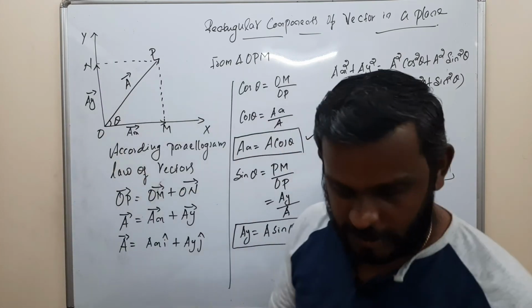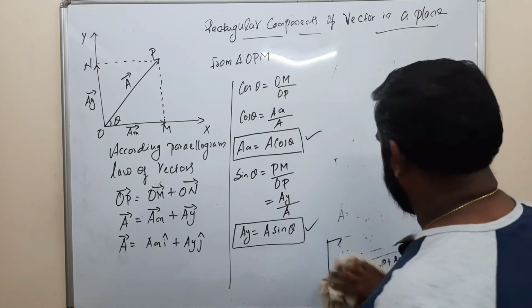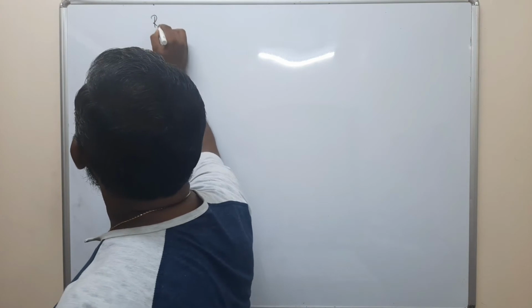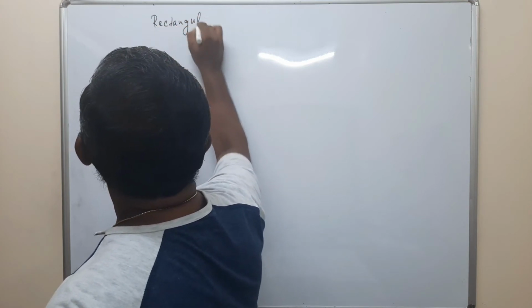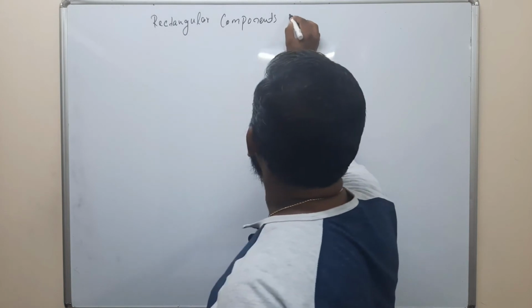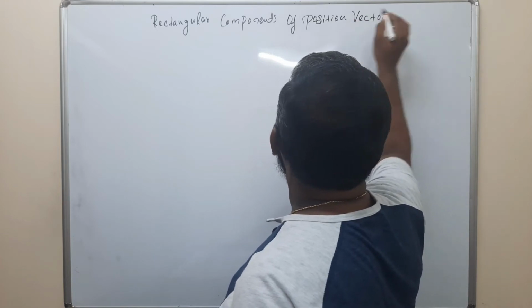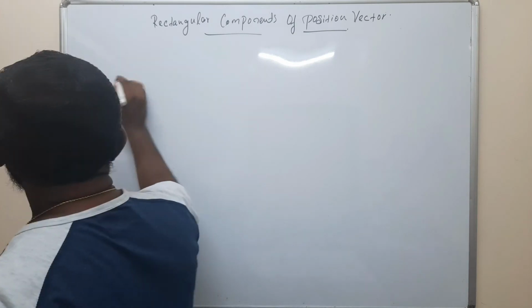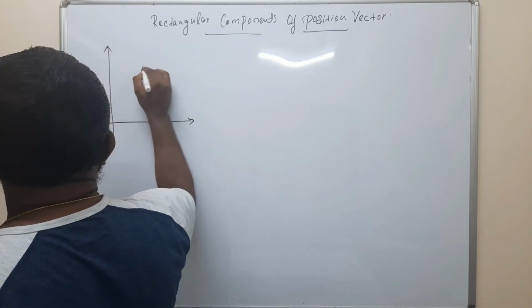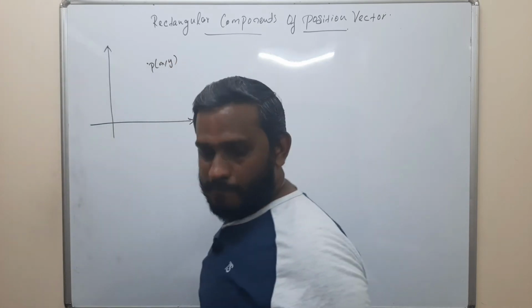So the next one is rectangular components of a position vector. P of x comma y is a point.